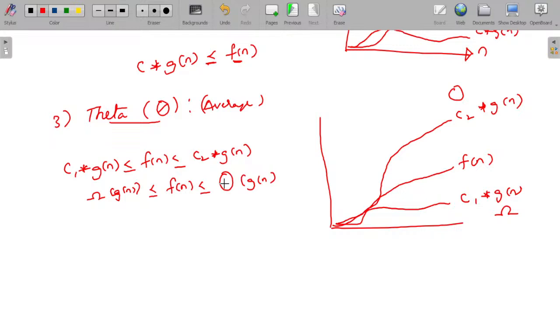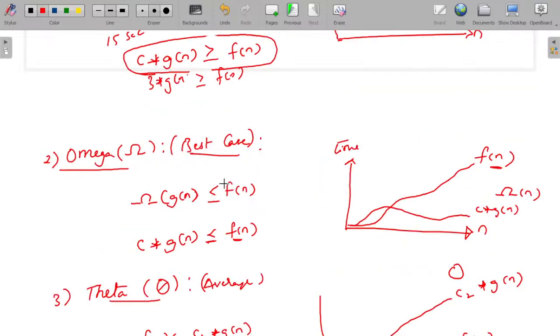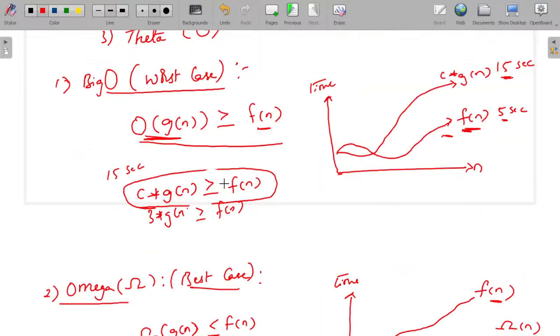Hope you understood what asymptotic notations are. Asymptotic notations are used to represent time complexities. Big O notation represents the worst case time complexity, and it is always higher than the reality time, f of n.